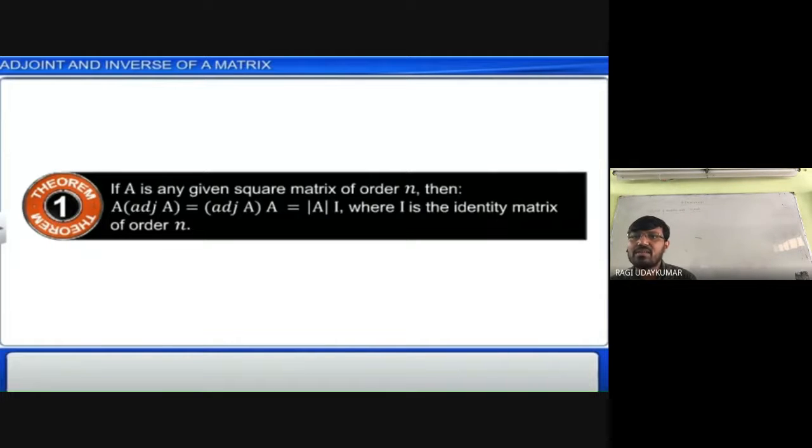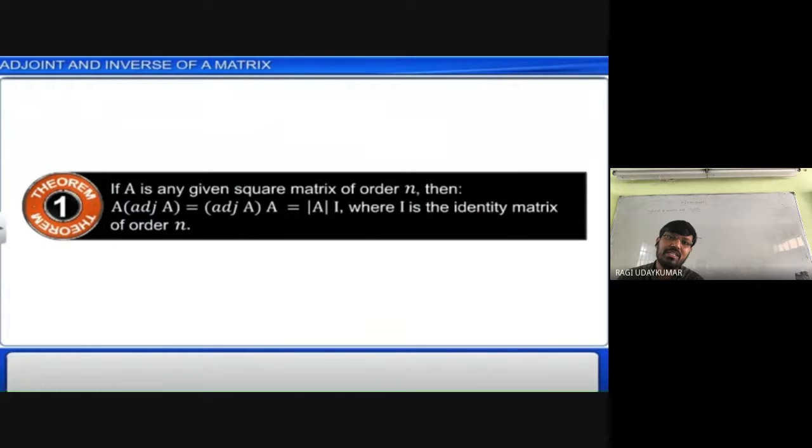Now the important theorem: if A is a given matrix of order n, then A into adjoint of A, any matrix multiplied with its adjoint, and adjoint of A into A, is equal to determinant of A into I, where I is the identity matrix of order n.